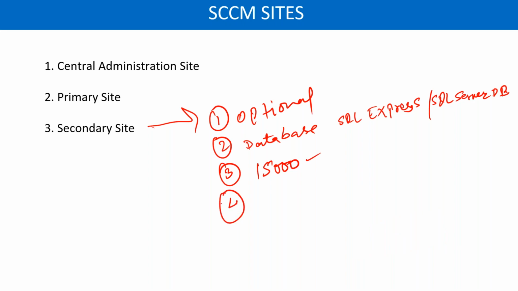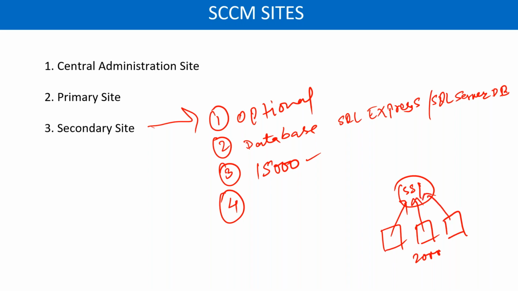Point number 4: devices will upload their inventory. Let's say you have devices in Mumbai, let's say 2,000 devices, and they are communicating through this secondary site. So devices will upload the inventory file to the management point here on the secondary site, which I will show you later on. And devices will download the content from the distribution point.